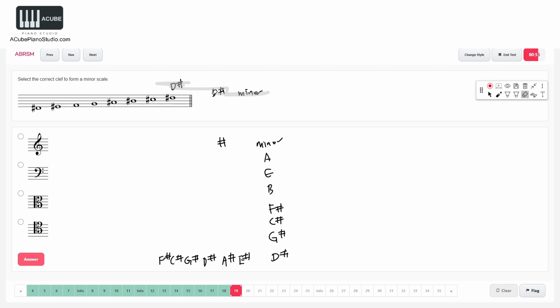Okay, next let's move on. If it's a bass clef, let me draw the bass clef. So if a bass clef, this is F sharp minor. F sharp minor has F sharp, C sharp, and G sharp. You should already have your key signature chart with you all the time, so you can just refer to it, and don't need to rewrite it again.